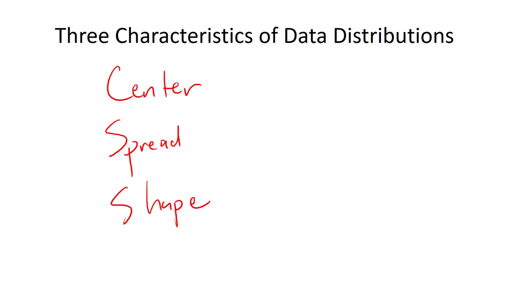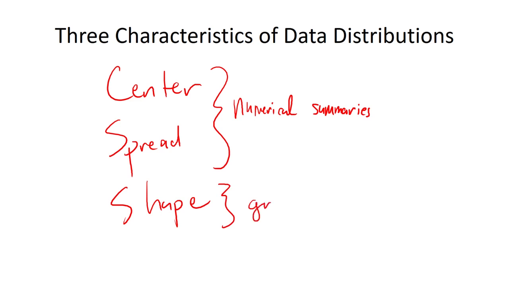And what's the shape of it? And so the center and the spread, we're going to look at a lot of numerical summaries that deal specifically with these, though you can kind of see it from the graph. The graph kind of shows you where the center is and how it's spread out. But the shape, this is really only something that you can get from graphs. Okay.